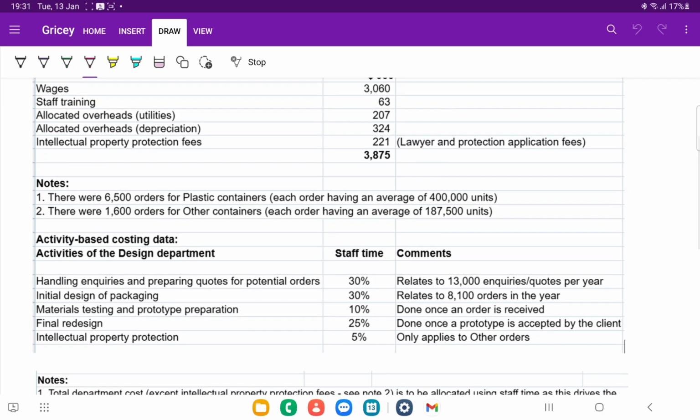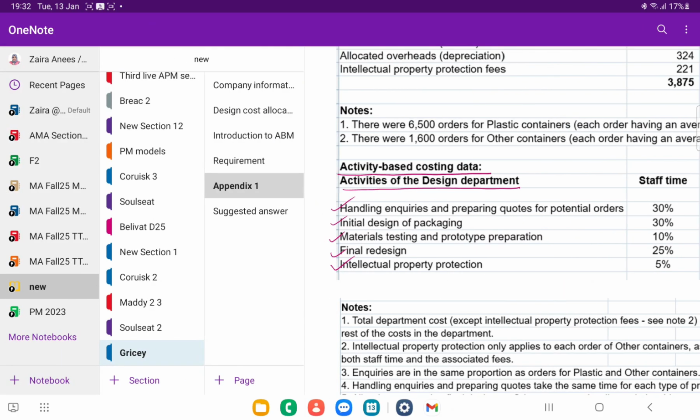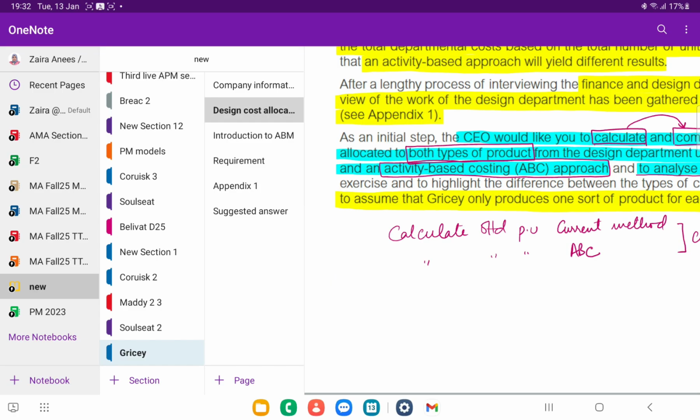And from the perspective of activity based costing, the activities of the design department are highlighted as handling inquiries and preparing quotations for potential orders, 30%, initial design of packaging, 30%, material testing, 10%, final design, 25%, intellectual protection, 5%. So roughly there are 5 cost drivers. We have not read this appendix, but approximately there are 5 cost drivers.